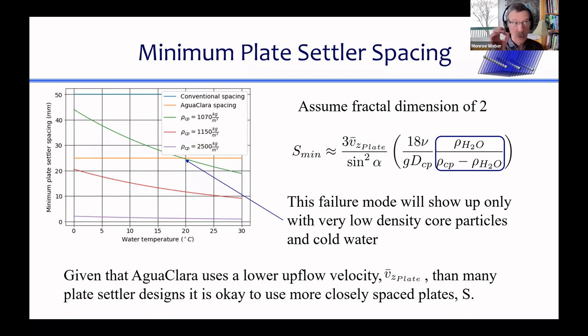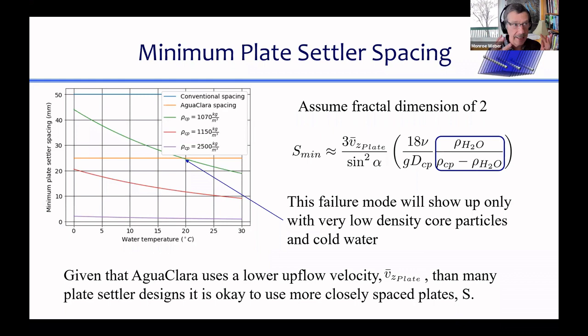So for flocks where the core particle is not very dense, that density of core particle minus density of water can actually approach zero. Those two densities can get very close together. And if those densities get very close together, the equation blows up. And it says you're going to need really widely spaced plates so that you don't have this problem.